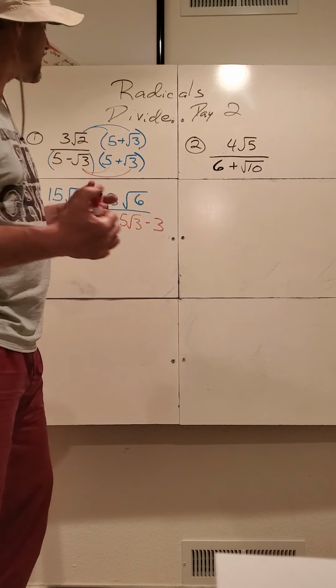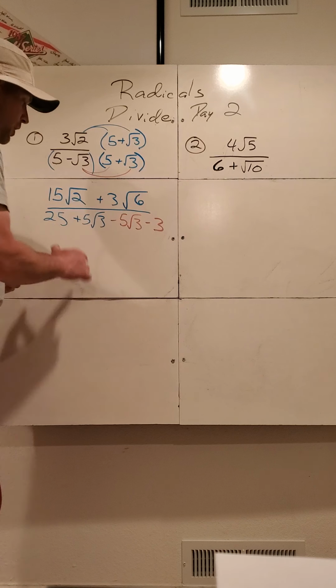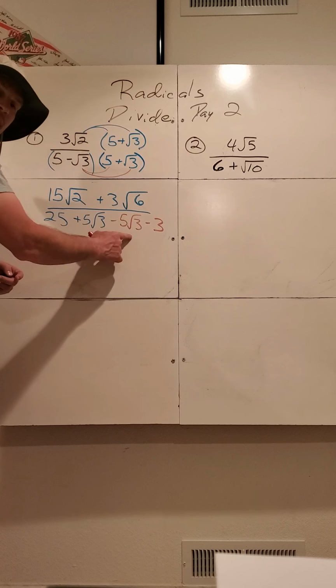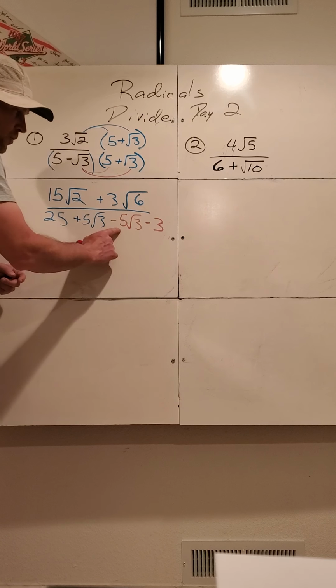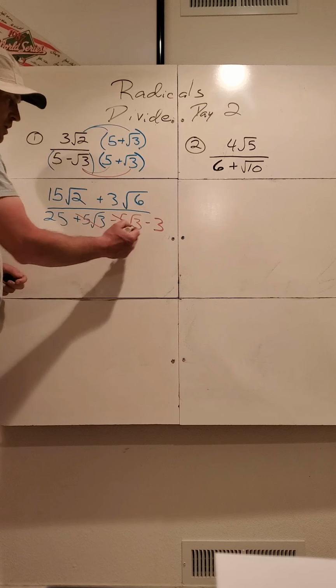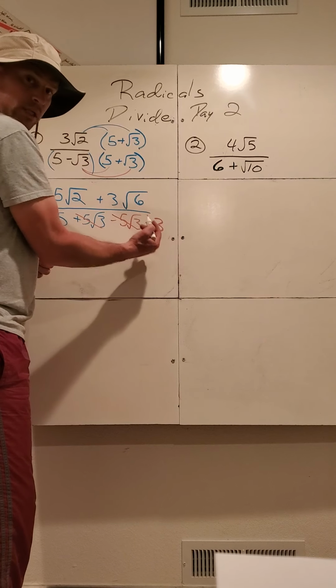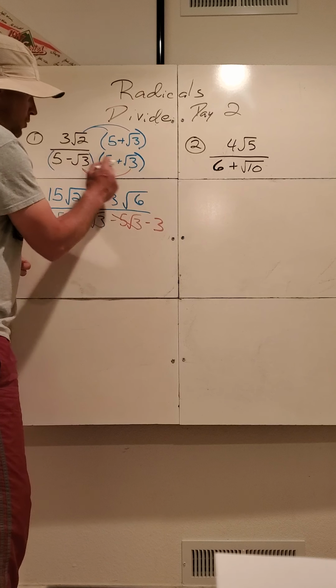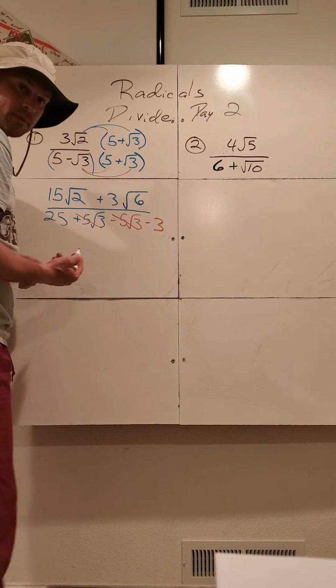Couple of things that make this conjugate situation very special for us. One, you will always have a zero pair in the middle here. Plus 5 root 3 minus 5 root 3, zero pair. Two, this term out here will always come out to be a whole number. Root 3 times root 3 equals 3. One's positive, one's negative, so it comes out to be negative.